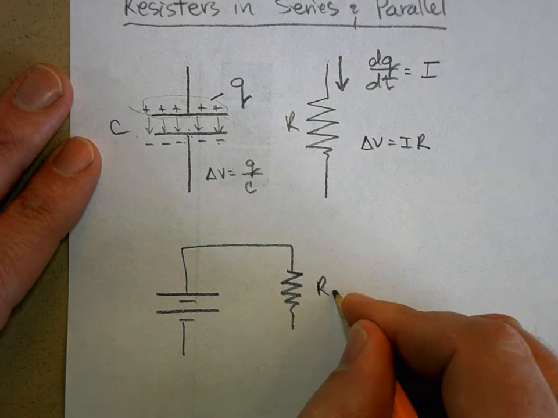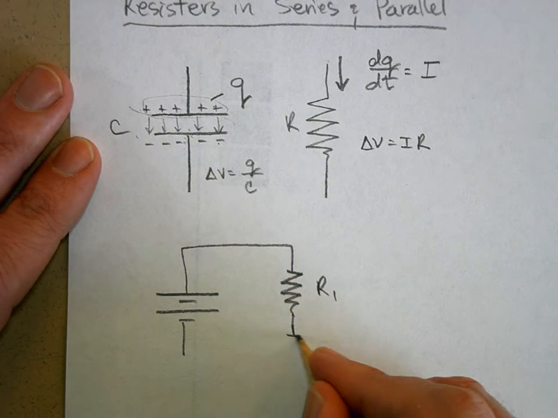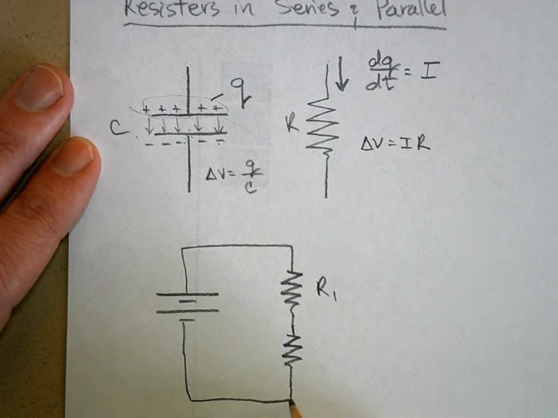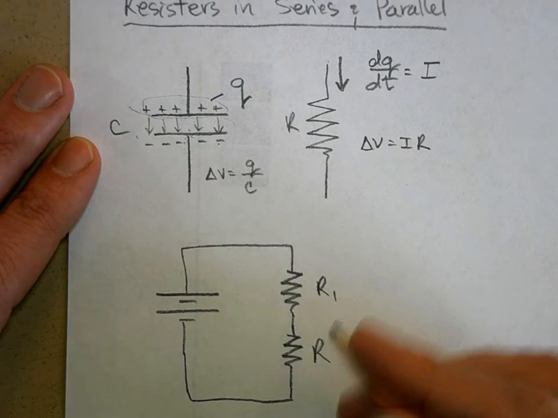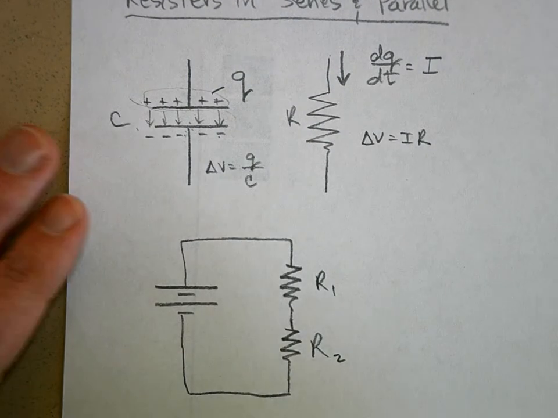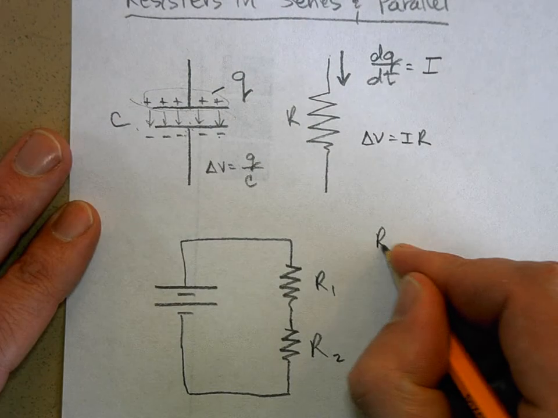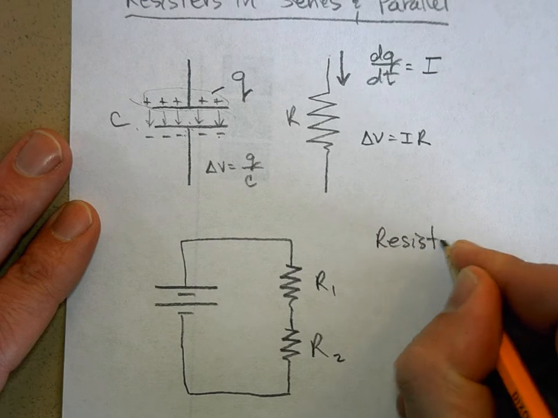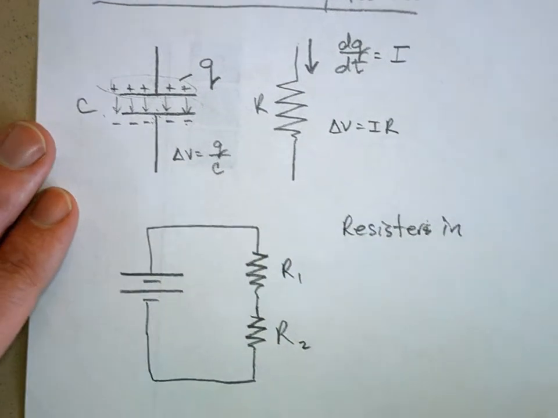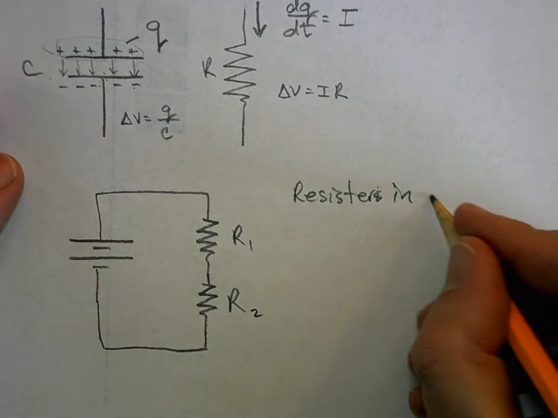So we'll call this R1 and R2. This could be two Christmas tree lights you wire together. Now these are resistors in series.